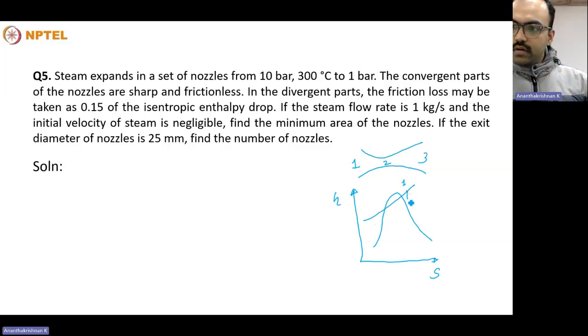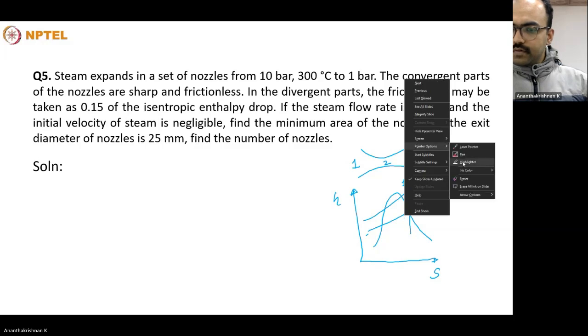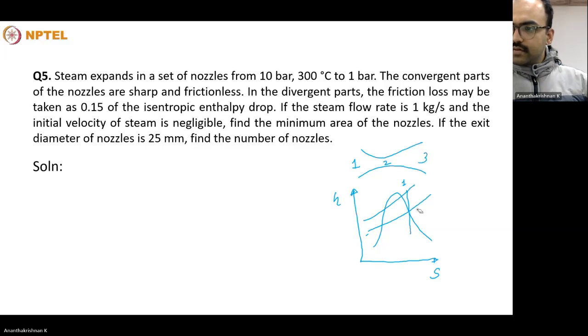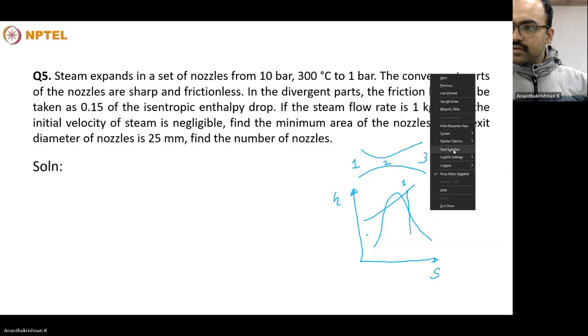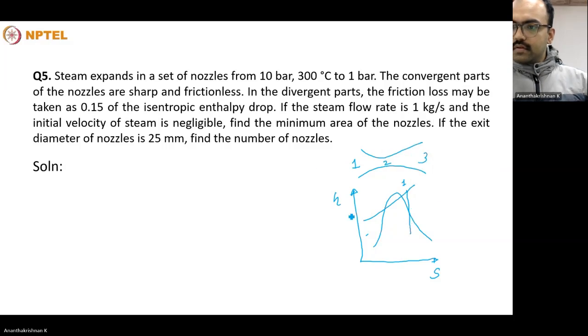It starts from point 1, goes like this, and then to 3. We have 300 degrees Celsius and 10 bar at the starting point, and P3 is equal to 1 bar.